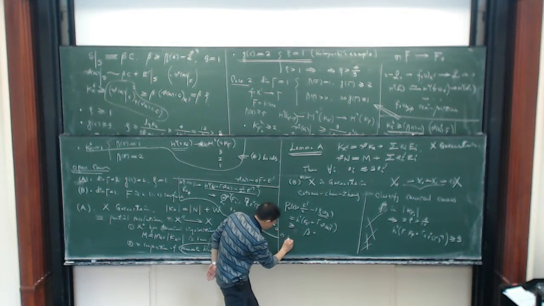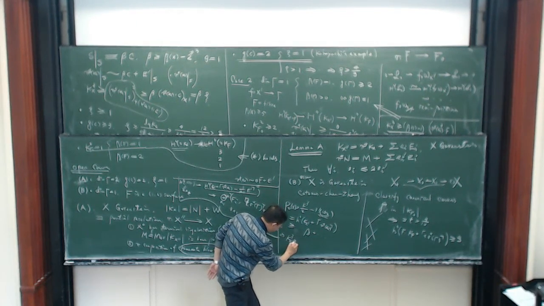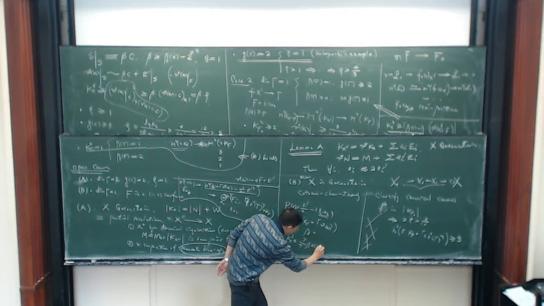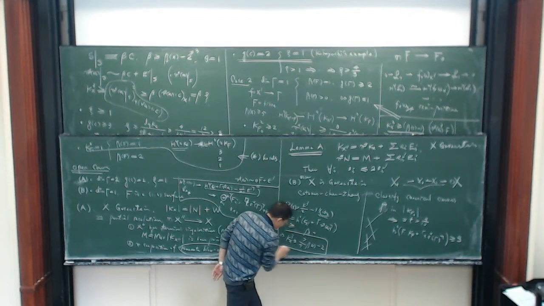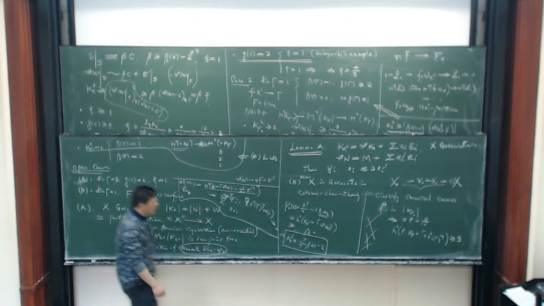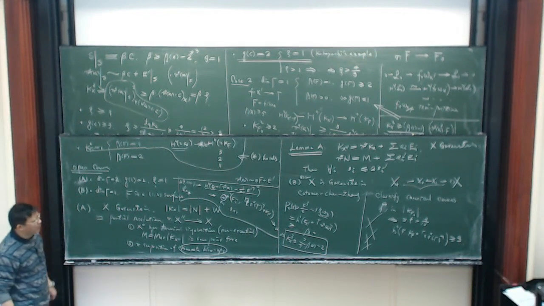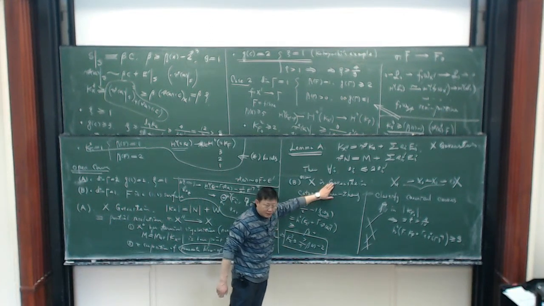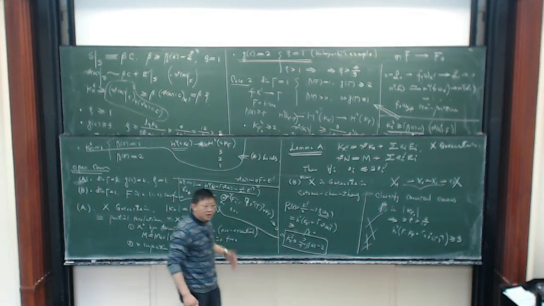Finally, the result is that K_X cubed is at least 7/5 p_g(X) minus 2. So this is what we get with Catanese and Zhang. But this inequality holds only for Gorenstein threefolds. In general, it's still open.